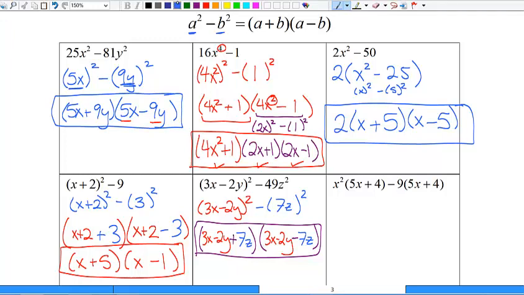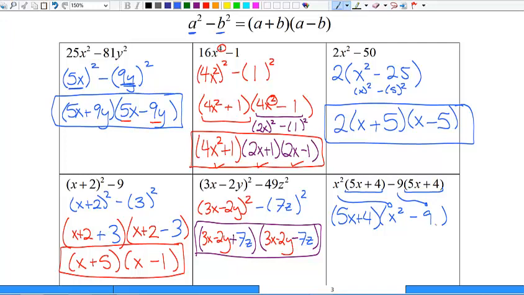On this next problem, it looks like I may have a GCF right in the beginning. So you see this 5x plus 4 and this 5x plus 4. I'm going to factor that GCF of 5x plus 4 out, and then I'm left with x squared minus 9, and that one GCF made that problem look a whole lot more simple.